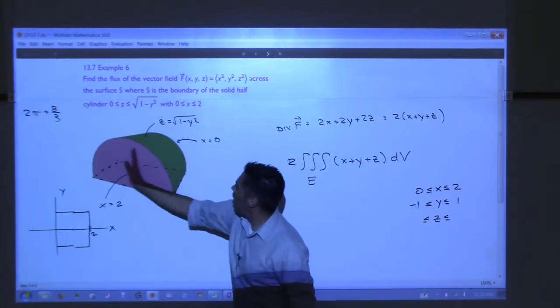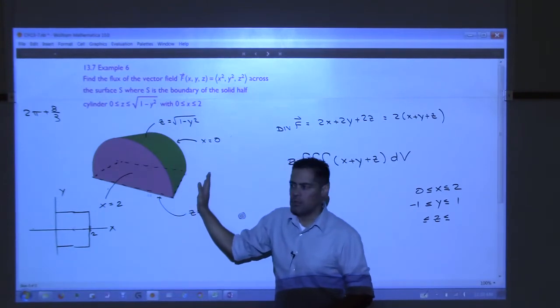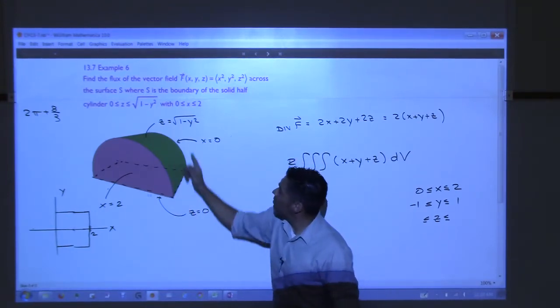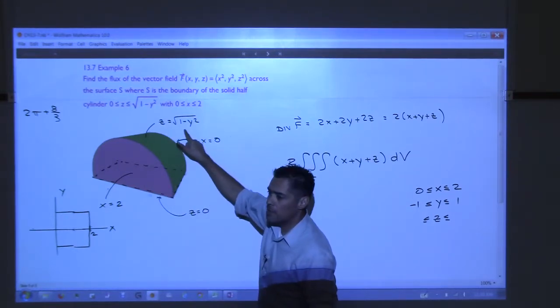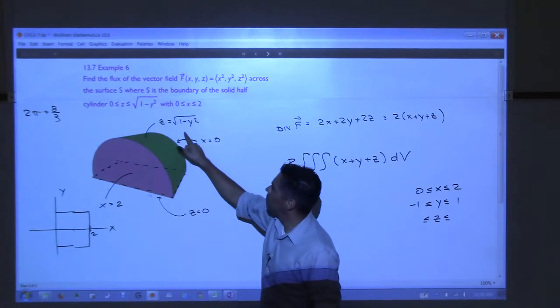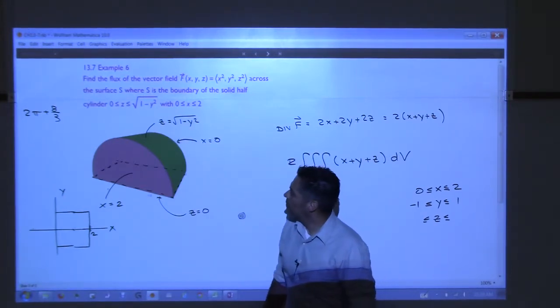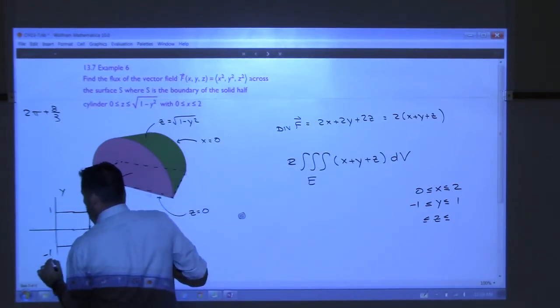And the left and right, how do you know that's negative 1 and 1? You plug in z is 0 and square both sides, and you get 1 equals y squared, so y is plus or minus 1.